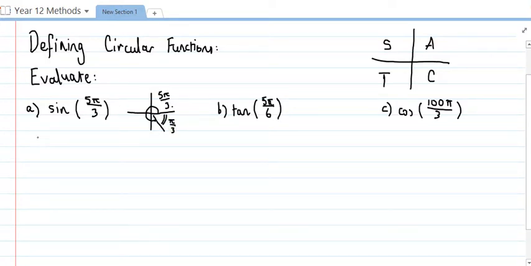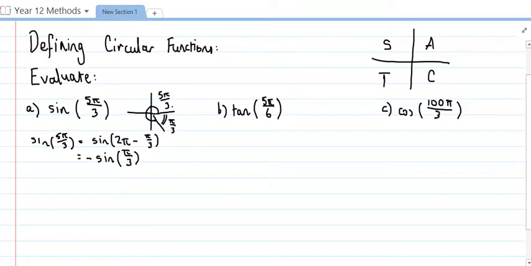So what I can say is that sine of 5 pi on 3 is equal to sine of 2 pi minus pi on 3, because that is absolutely true, but that's actually equivalent to negative sine of pi on 3.